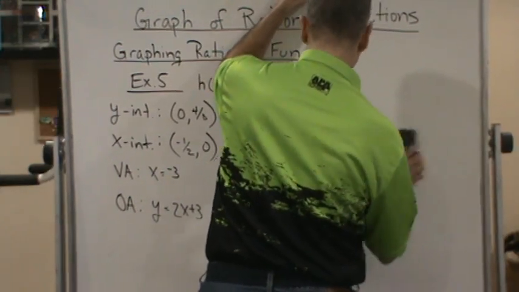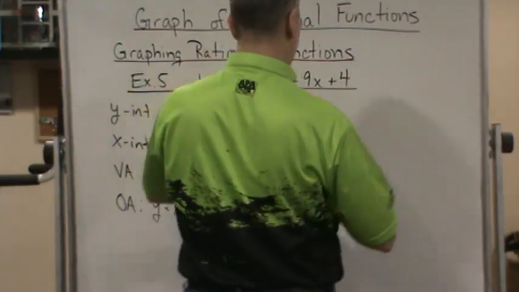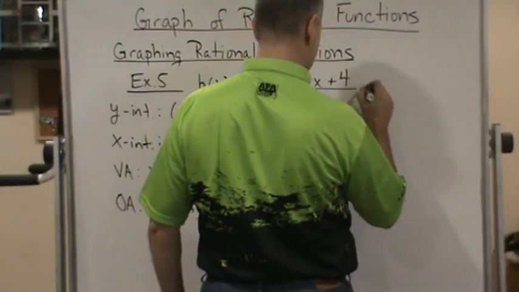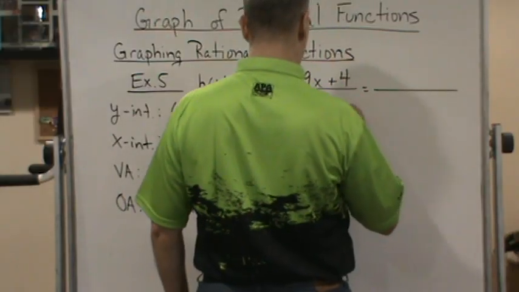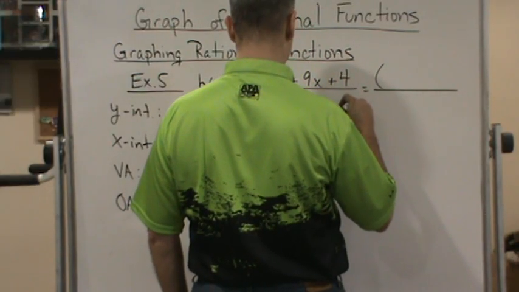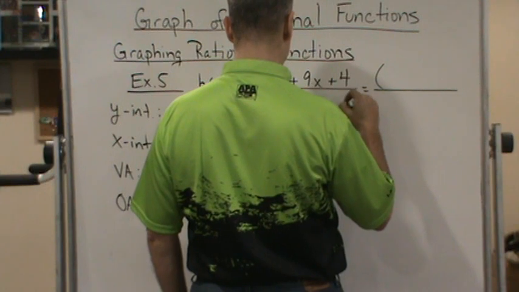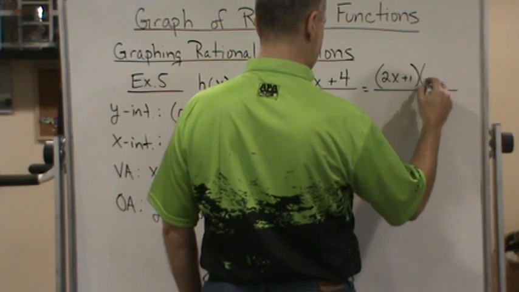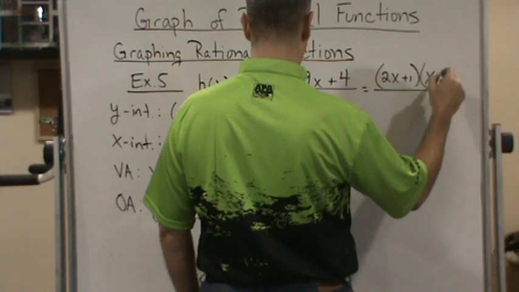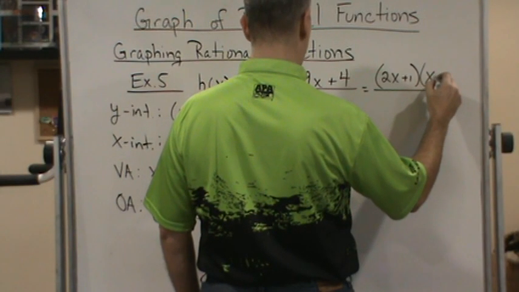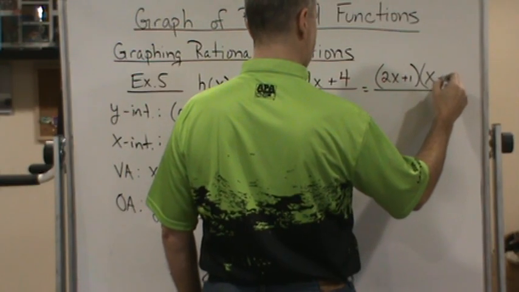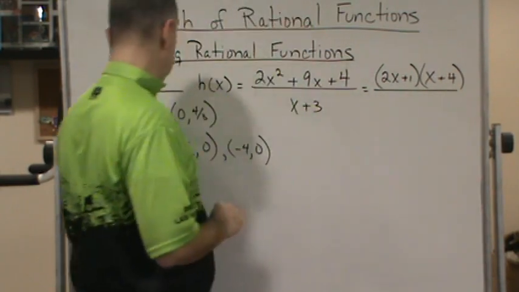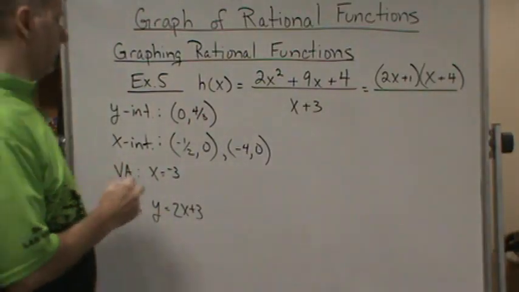Oops, I should have left that factored. 2x plus 1 and x, yeah, that's right.